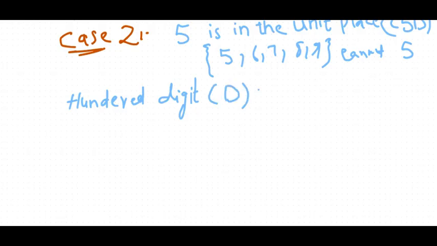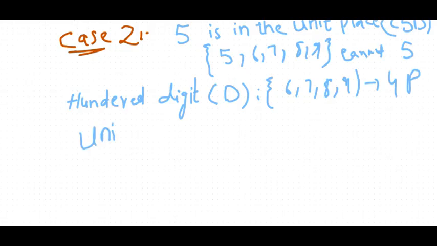We have the possibilities 6, 7, 8, 9, so we have 4 possibilities. All right, so the unit digit, we have D. Sorry, this is C. Okay, this is D. So we have 10 digits excluding 5.